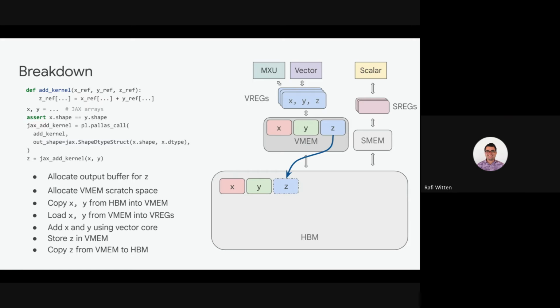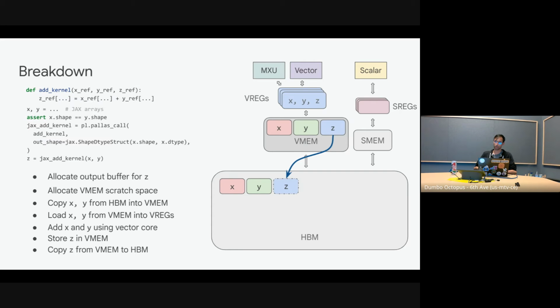So maybe you can give us a sense of what sizes this will have problems with. Will it fail when we run out of VRegs, or will it fail when we run out of VMem? So they're closely related. At what point does this stop working? The answer is, when you run out of VMem. VMem is the main bottleneck. For VRegs, even though there's physically a fixed amount of them, you can pretend like you have an infinite amount.